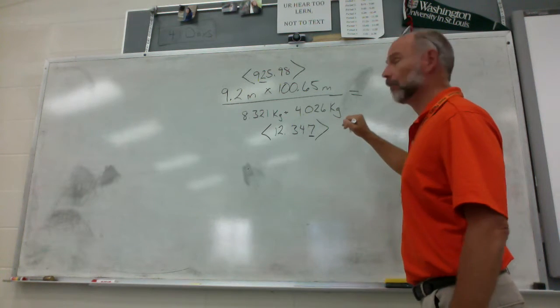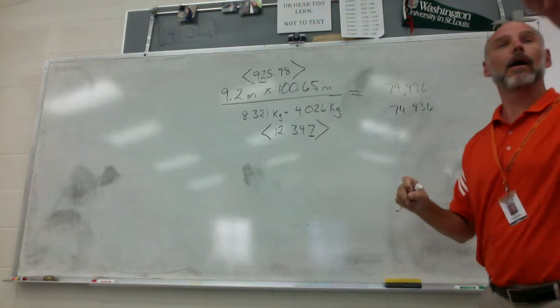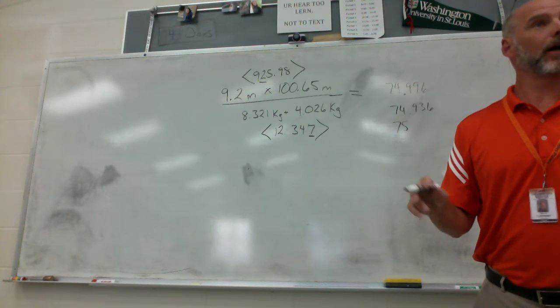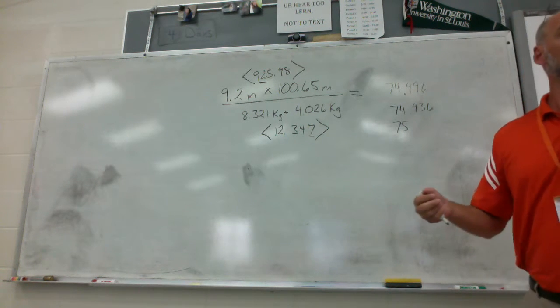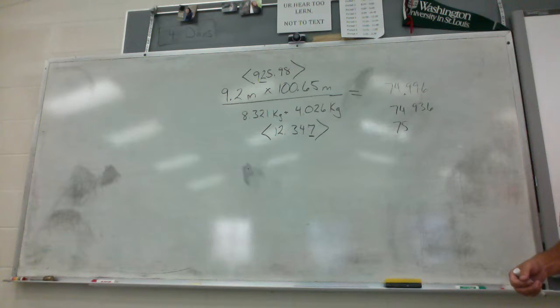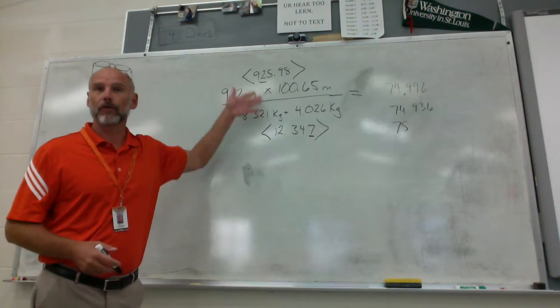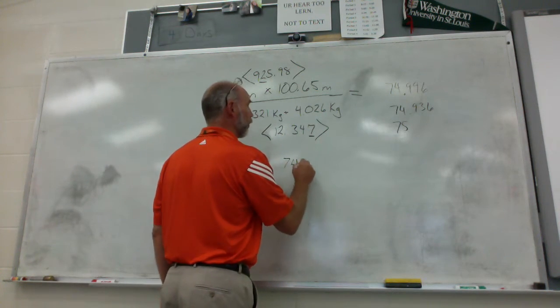No, I'm talking the whole thing. 74.936. Interesting. Kayla, what'd you get? I got 75. Okay. Anyone else? Something different. Carolyn, what'd you have? 74.996. Oh, okay. Zach, what'd you get? Okay. Caden, what'd you get? Okay. All right, we'll go with this. Let's see what happens. So now we do the division. What is the result of this division? 74.93566.